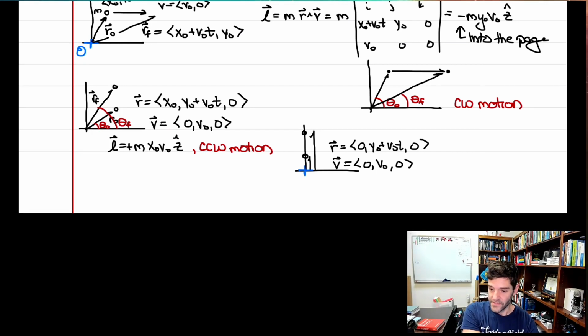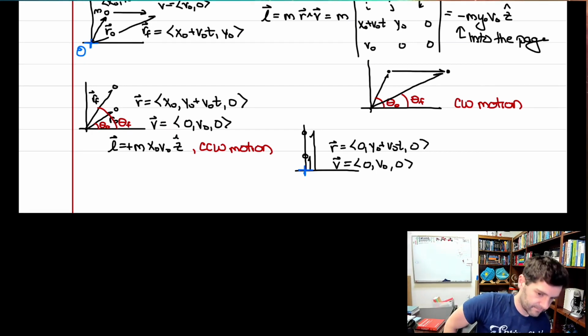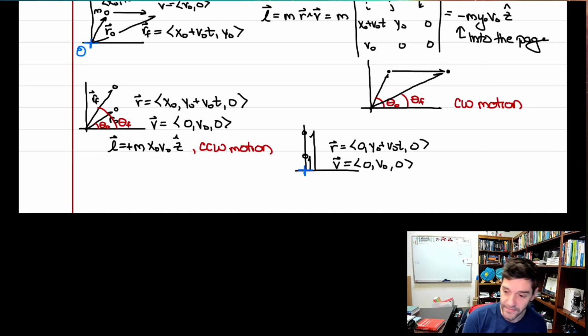I'll let you convince yourself that when you take the cross product of these two, you get 0 as a result. Given that, you could also just immediately see this. Again, think conceptually. Both of these only have a y component, no x component, no z component.